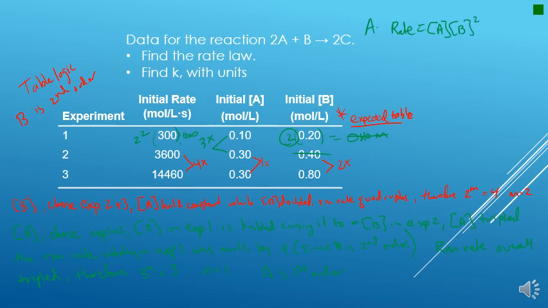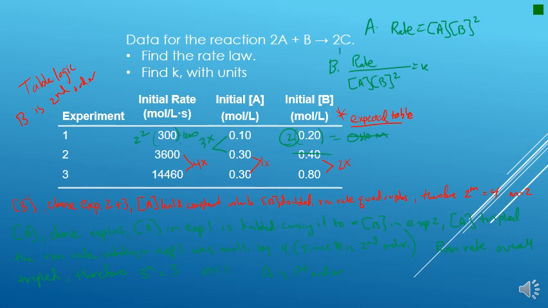Now for the last part, solving for K. Once more, I'm going to take my rate, divide it by the concentration of A and the concentration of B squared to equal K. So I can choose any of my trials. It does not matter. So I'm just going to arbitrarily choose trial number 1 again.